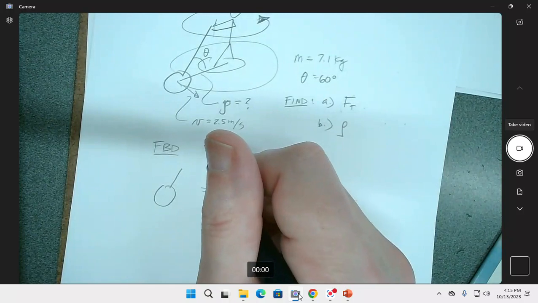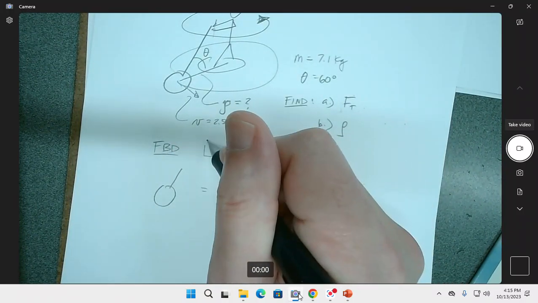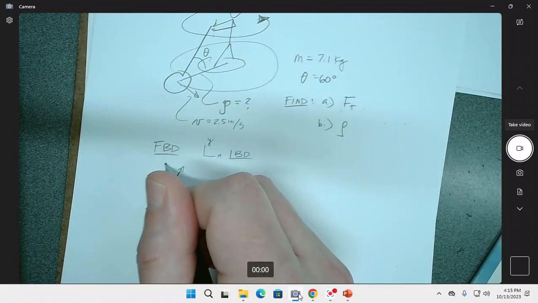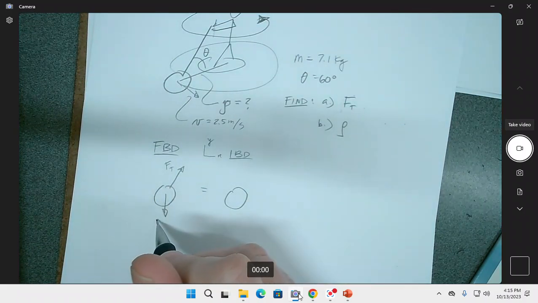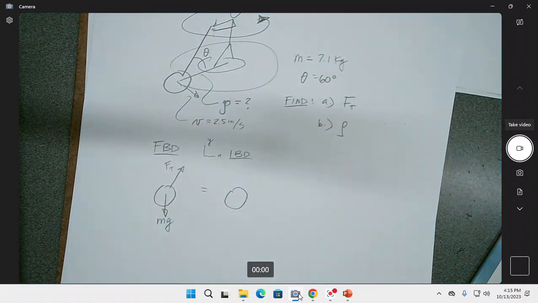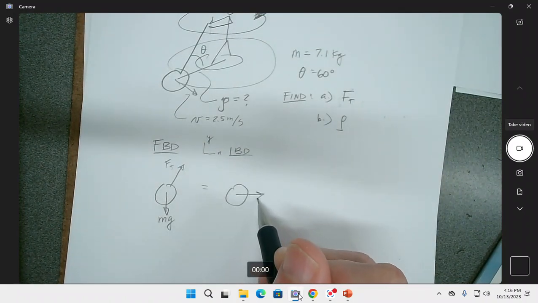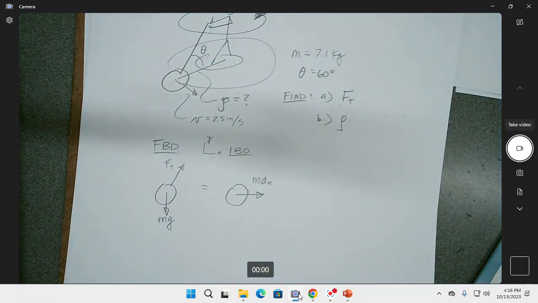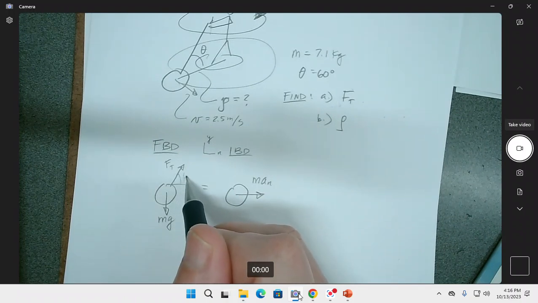And from the side, we have a normal going towards the center, and let's go Y. And the tension goes up to there. And we're going to have mass times gravity. And the only acceleration we have is mass times normal acceleration. And right here we have the 60 degrees.